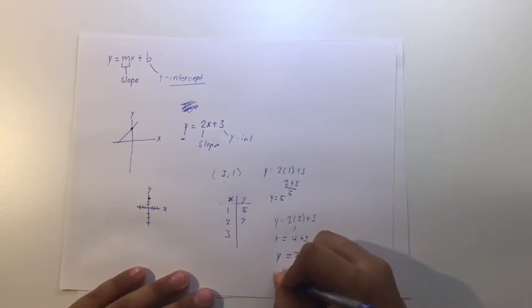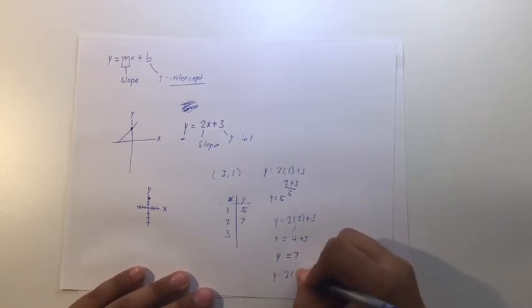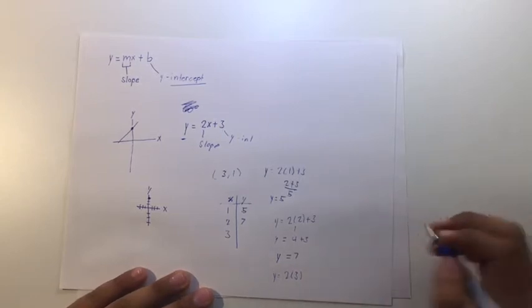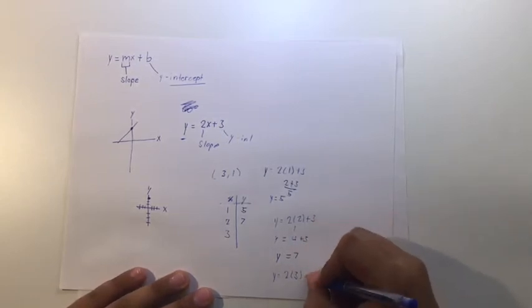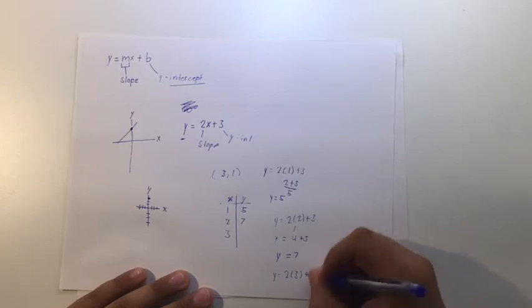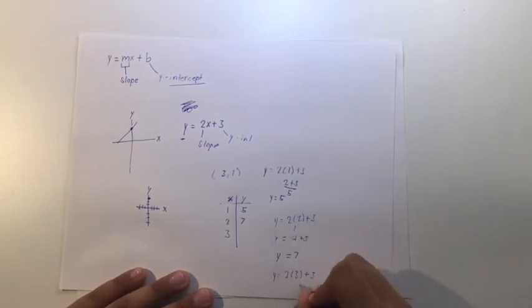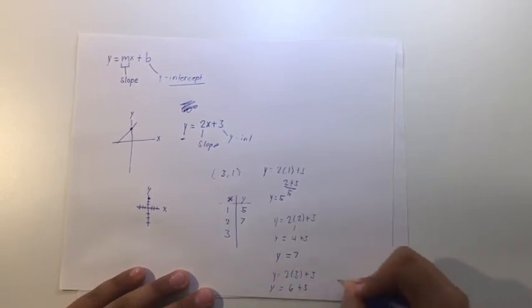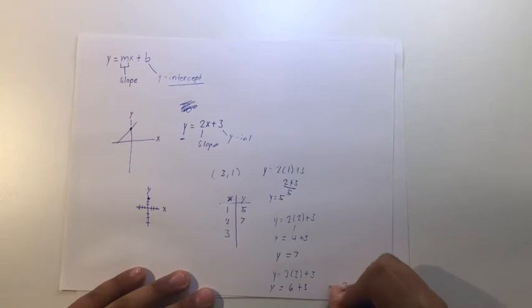So y equals 2 times 3, which is 6 plus 3, so 6 plus 3 equals 9, with y being 9.